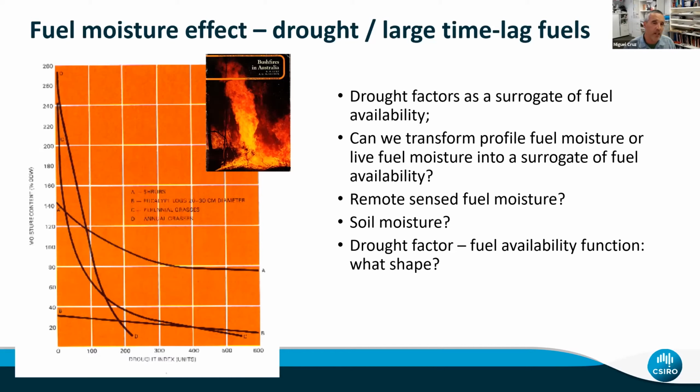So the idea we had also was, okay, can we use different metrics? Can we use remote sensed fuel moisture, live fuel moisture? Can we use soil moisture as a metric for fuel availability instead of drought factor, right? One thing that happens if you use live fuel moisture is you might not be taking into account the effect of that coarse woody debris, the larger fuels, on the fire propagation, right?